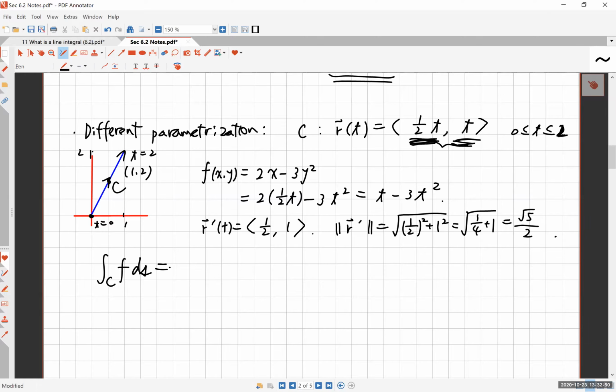Okay, so this is the line integral of f over the curve c, which is equal to the integral from 0 to, remember, this will be 2 because that's my upper limit now with this parameterization. And now the integrand is also different. It's t minus 3t squared as opposed to what we had in the first parameterization. And then we have the square root of 5 over 2 dt.